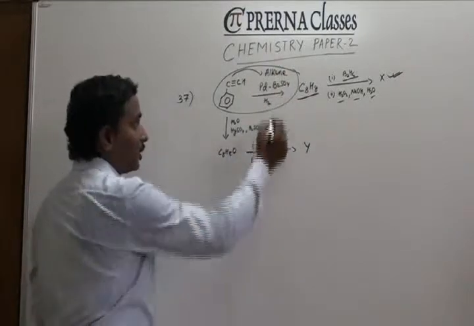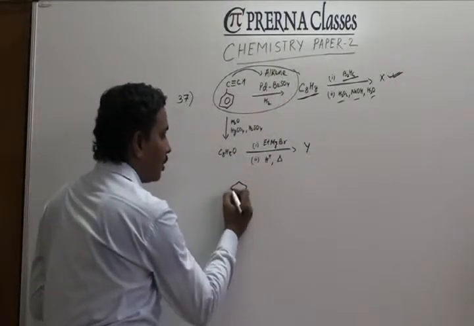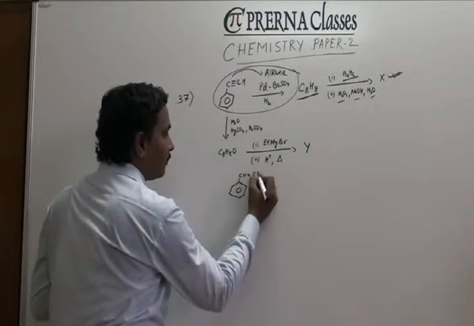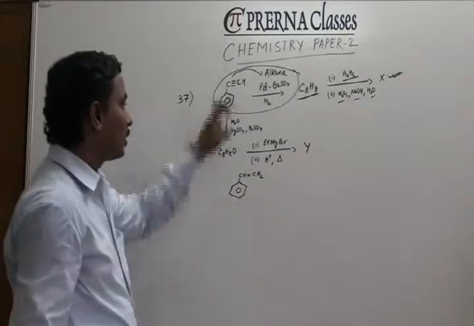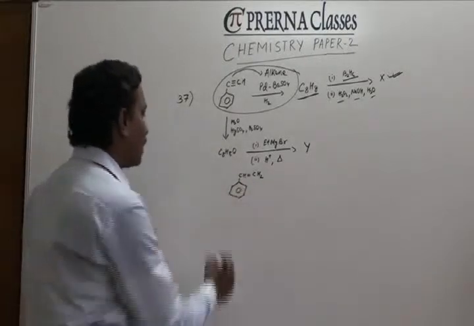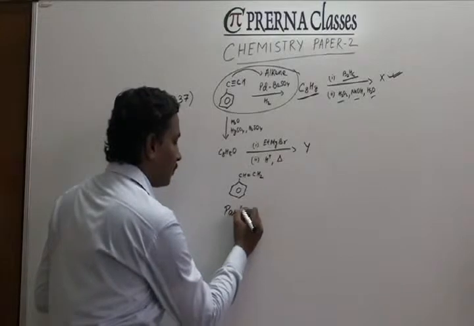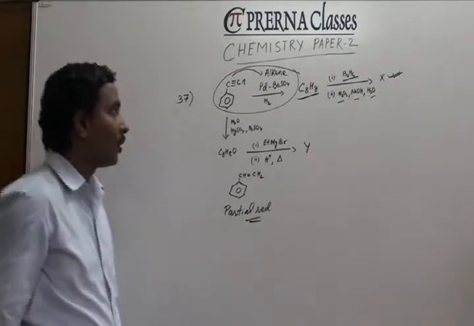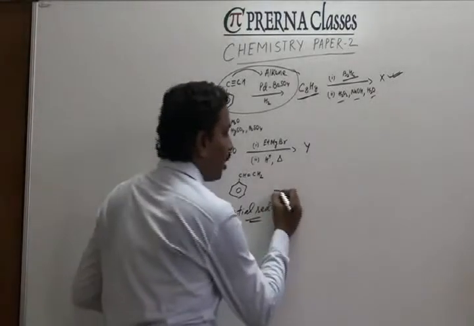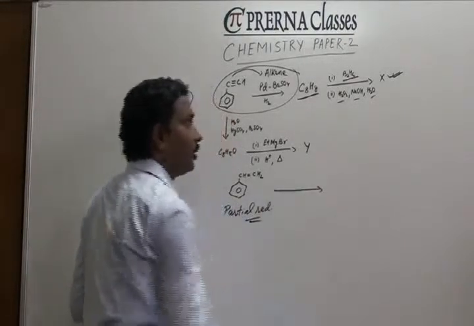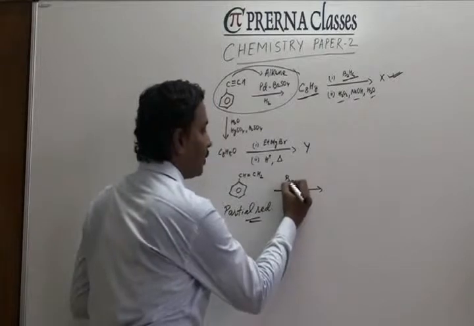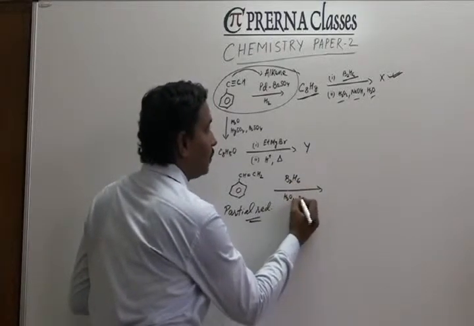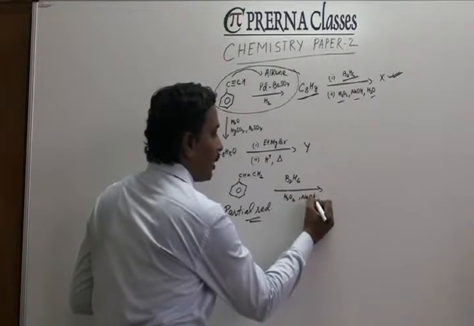So the first product, C8H8, is an alkene. That means the triple bond is converted into a double bond, so partial reduction takes place. Followed by hydroboration oxidation, that is B2H6, then H2O2, NaOH and H2O.